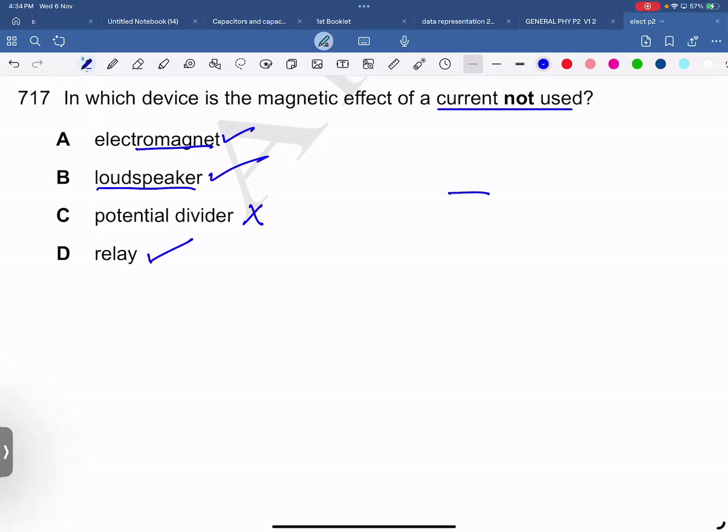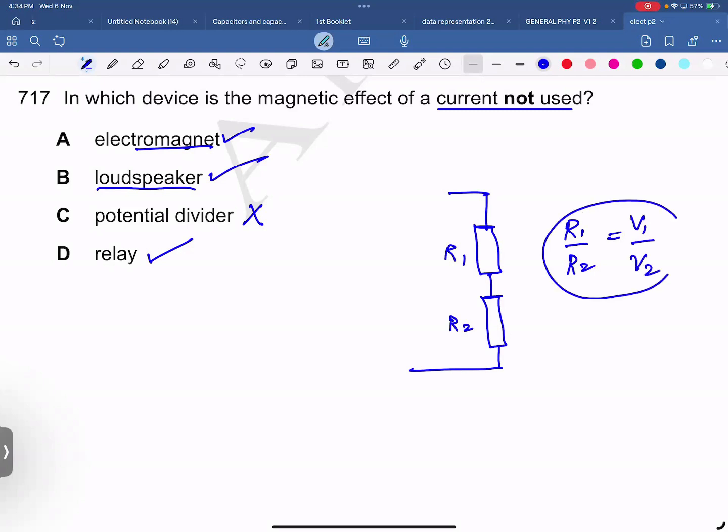Potential divider is just distributing the potential based upon resistance, R1, R2. So ratios of resistances are the same as ratios of voltages. It has nothing to do with magnetism. Option is C. The remaining all use magnetic effect.